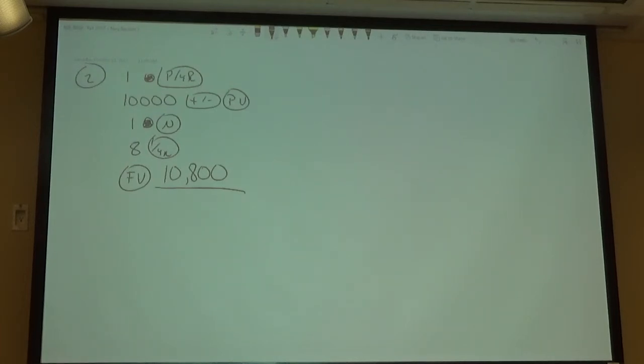But what they're asking for is what must the nominal interest rates be on the second and third options to make all the investments earn the same yield. Okay, so let's go ahead and take a look at the second and third option.